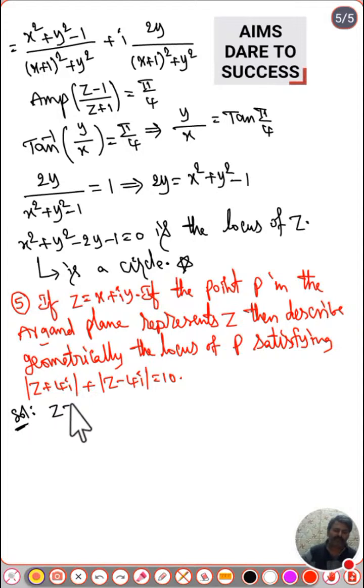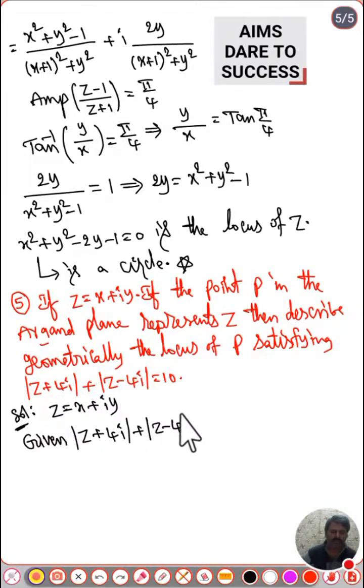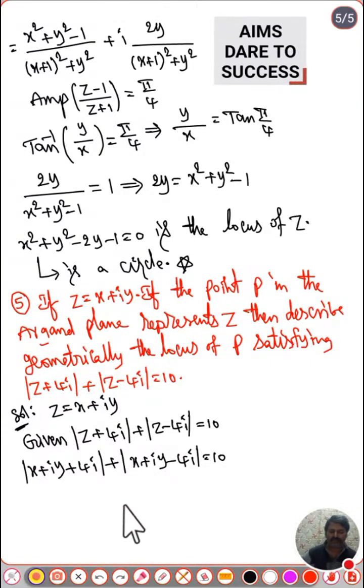First of all, z is equal to x plus iy, and next write the given value: mod of (z plus 4i) plus mod of (z minus 4i) is equal to 10. With z as x plus iy, mod of (x plus iy plus 4i) plus mod of (x plus iy minus 4i) is equal to 10.